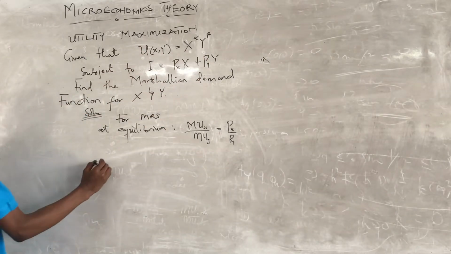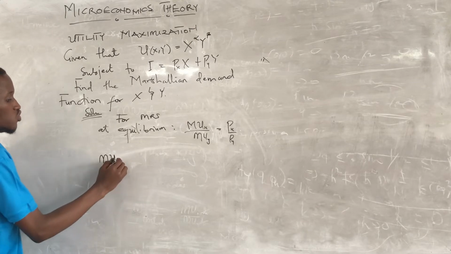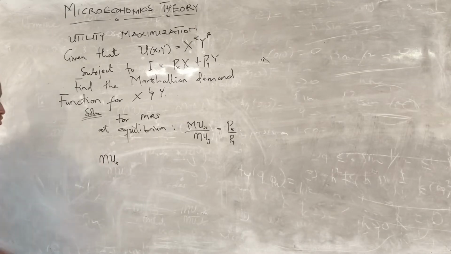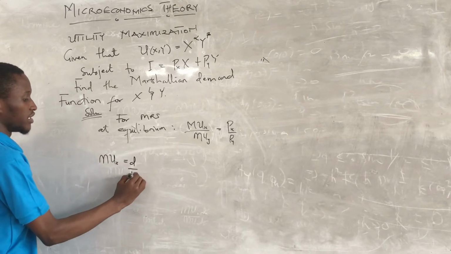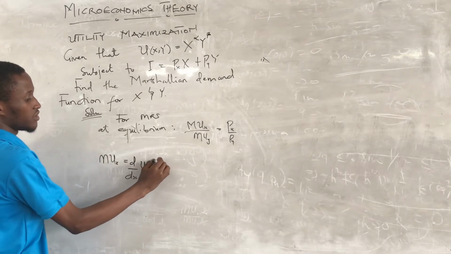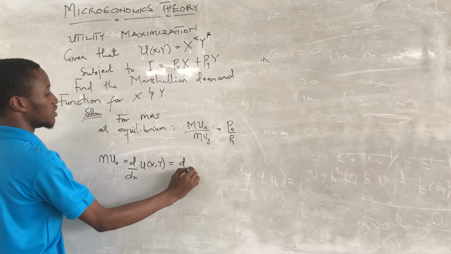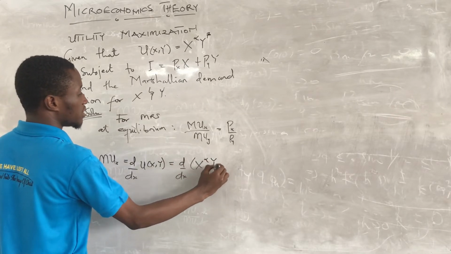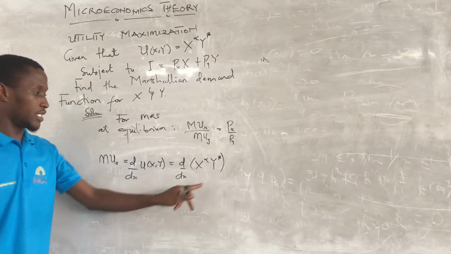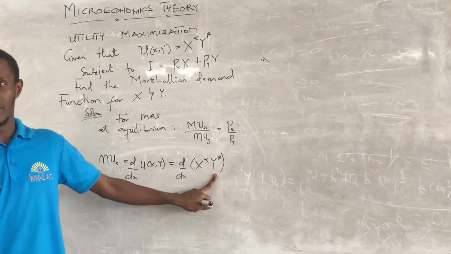Now MUx will be equal to the derivative with respect to x of U(x,y). This is a step-by-step approach. We are differentiating this with respect to x, which means that y will be held constant.